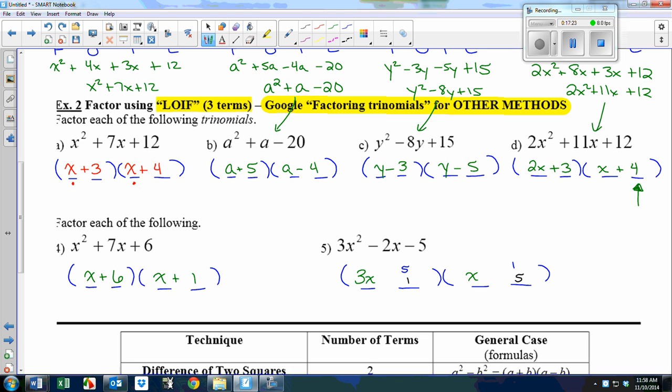I'm going to do a little mental math, and I'm going to erase one of those. A little mental math with the black 5 and the black 1. In my head, I don't care if they're positives or negatives. I'm just going to pretend they're positives. What does the 3x times the black 5, the outer, make? 15x. The inner would be 1 times x, 1.